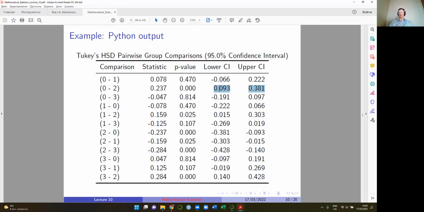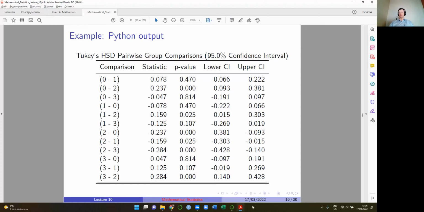While in the pair well 1 and well 3, 0 does not fall into the confidence interval. What we conclude, with 95% chance, this difference is not 0. We are totally fine with such confidence to reject the null hypothesis and to claim that the third well performs worse than the first well.